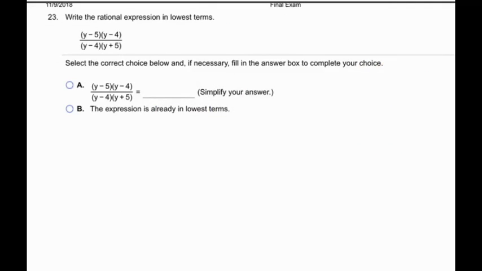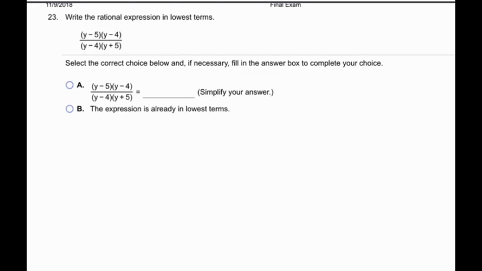So let's look at what this problem is asking us. It's saying to write the rational expression in lowest terms. So what we're looking for are any terms that are common in both the numerator and the denominator.